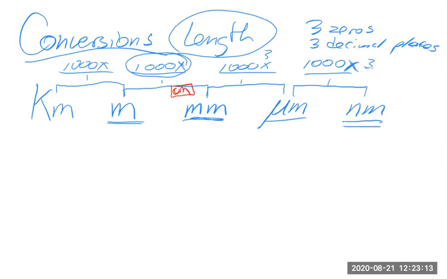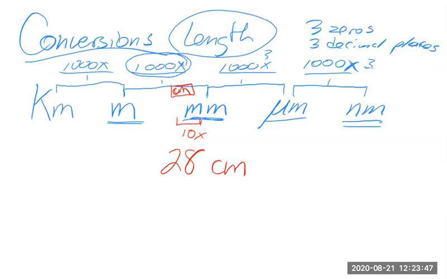So let's say that I have something like 28 centimeters, and I want to convert that to kilometers. Okay, what do you do in this case? Well, first you would have to know the relationship between a centimeter and its neighboring units. So what's the relationship between a centimeter and a millimeter? The relationship is a 10-fold difference. Notice now it's not 1,000, it's only 10, right? So if you wanted to convert between centimeter and millimeter, you would only move your decimal 1 decimal place because there's only 1 zero in 10.